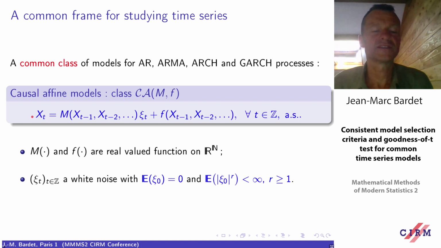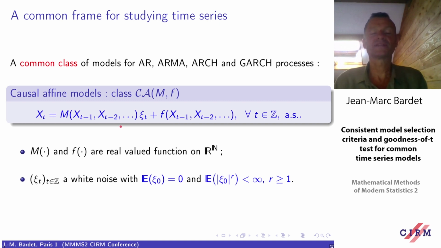This class is defined in such a way: xt is a function of all the past values of xt times epsilon t, where epsilon t is still a strict white noise, and you also add a functional of all the past values of xt.